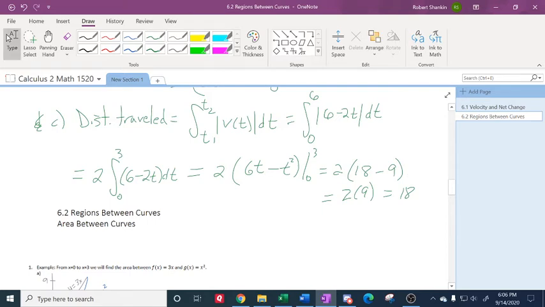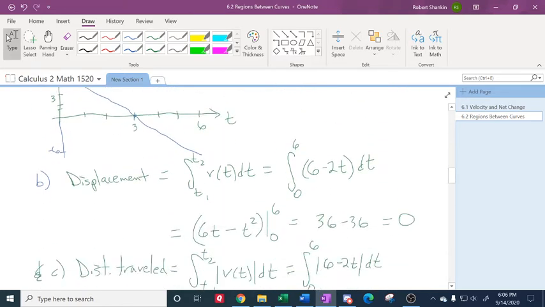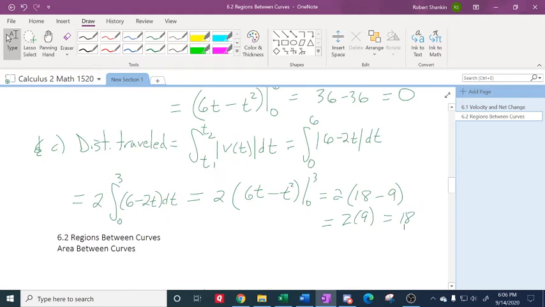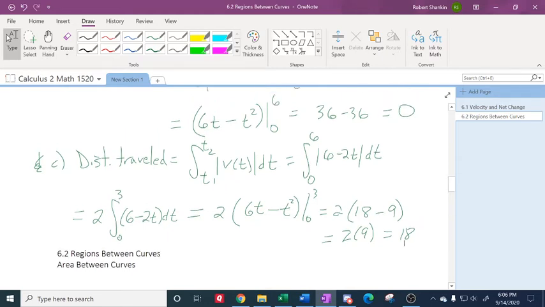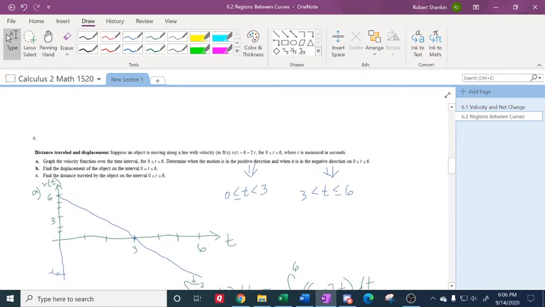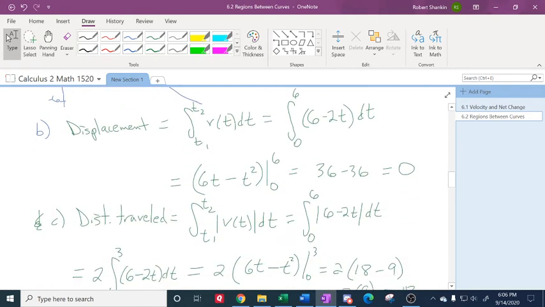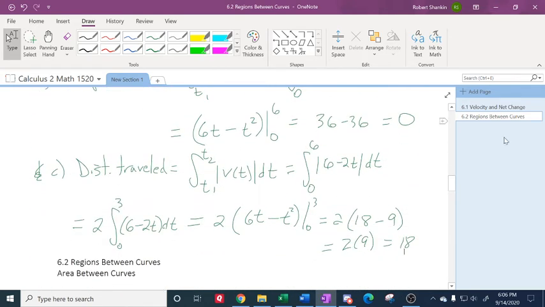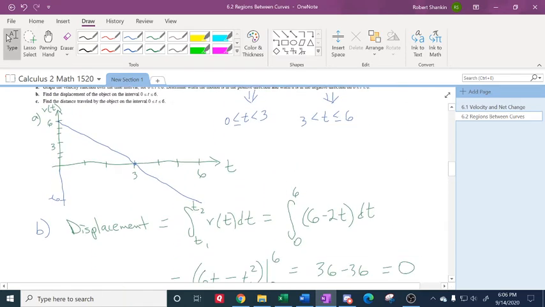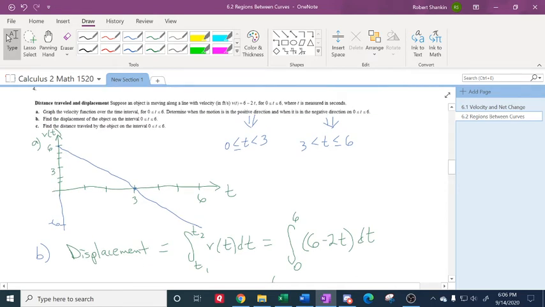So this makes sense as well. Distance traveled is 18 feet. Let's put our units in here, 18 feet. If we use the idea that the average velocity was 0 because of equal time positive and negative, 0 times 6 seconds was 0.